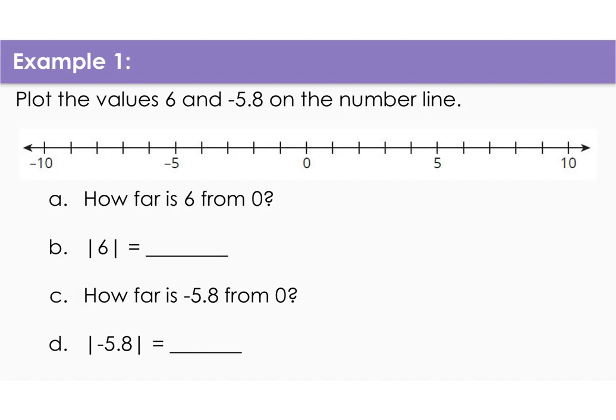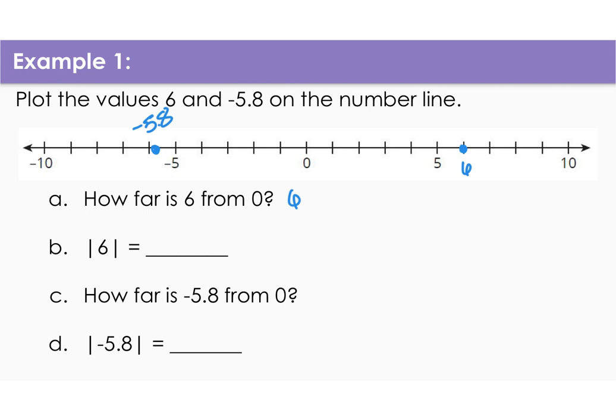So we're going to plot 6 and negative 5.8 on the number line. So we can label these 6, negative 5.8. How far is 6 from 0? 6 is 6 units away from 0.